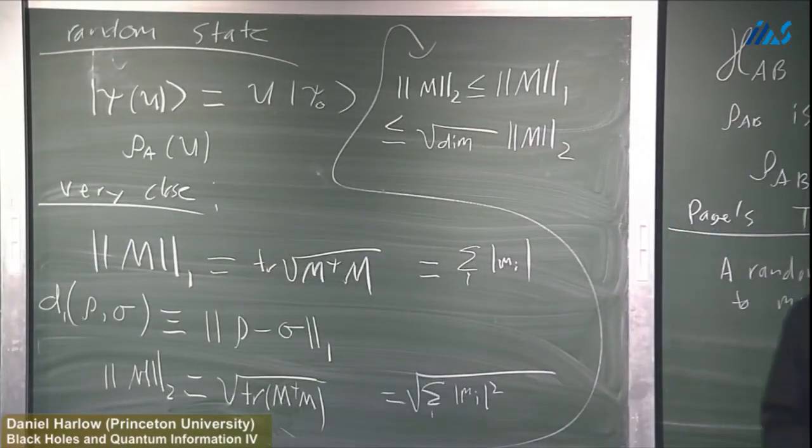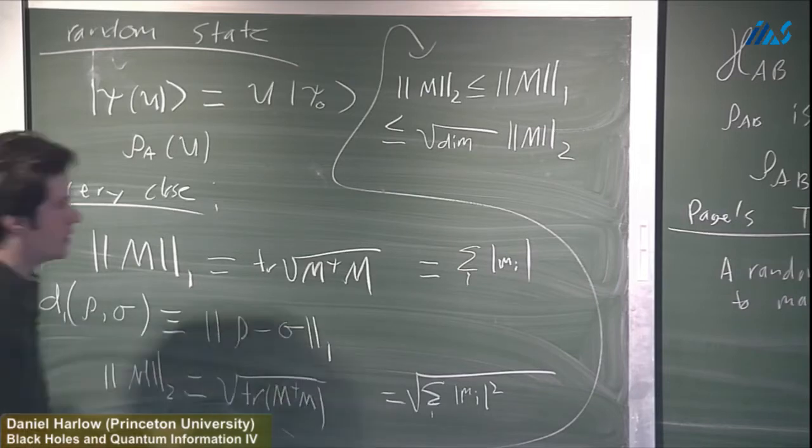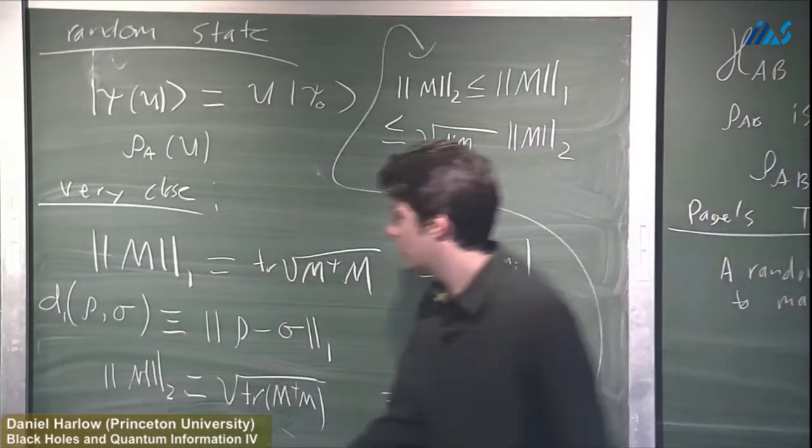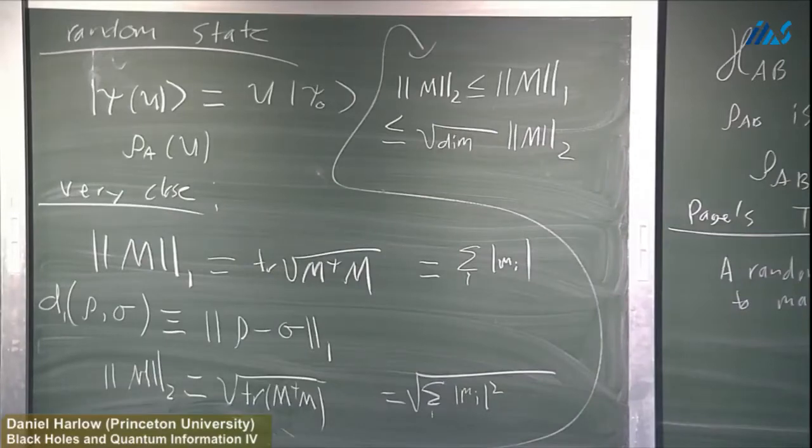Let me think of how to say this. Just for intuition, say that A and B are qubit systems, and say that B has 10 more qubits than A. Then we get 2 to the minus 10 inside of the square root.